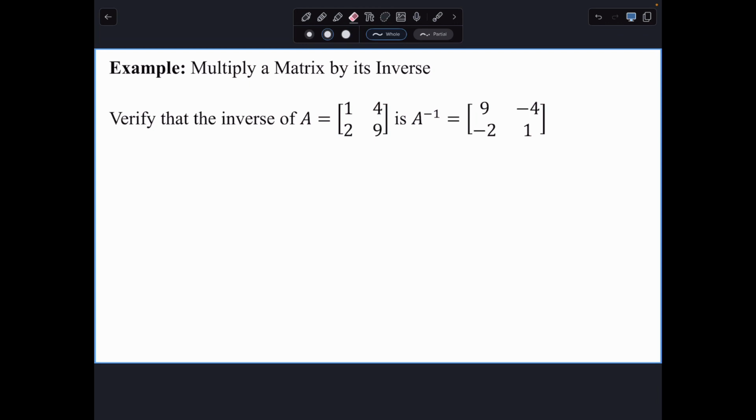So if we look at this, matrix A times A inverse, just using matrix multiplication, let's do it both ways to verify.